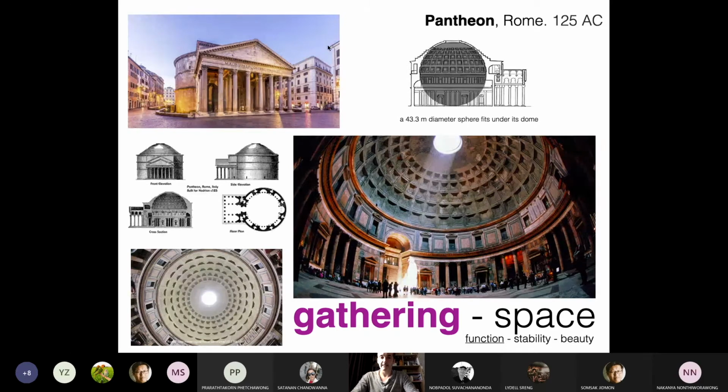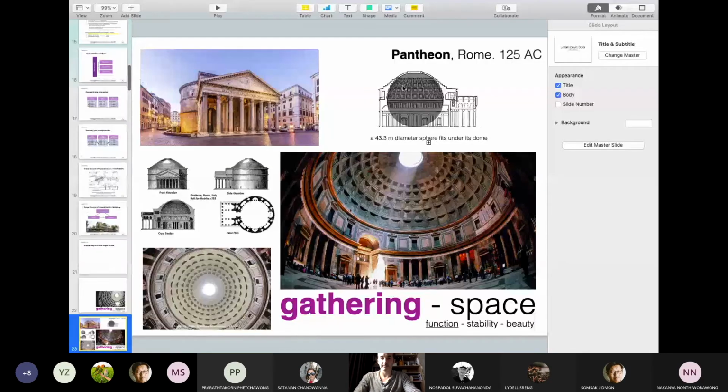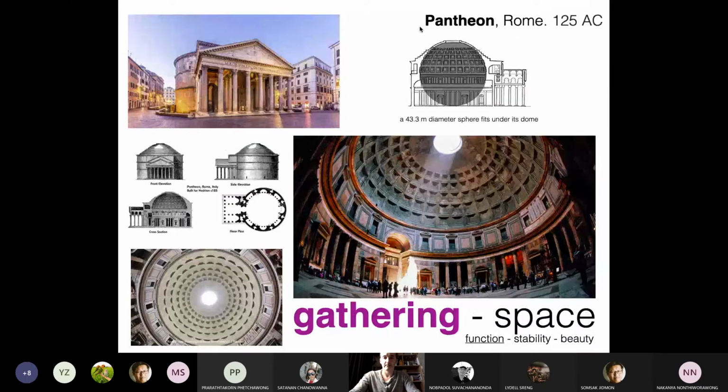Okay, but basically we can see here in the section, the one here, okay, the one here we can see already what the design concept is, no? It's how to represent the sphere, okay, the circle in 3D, the sphere, okay, is something that is related with God.